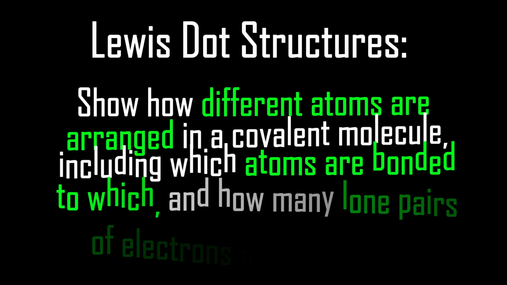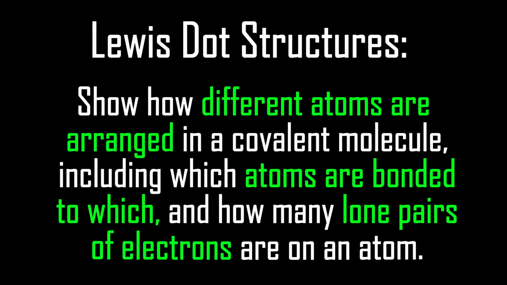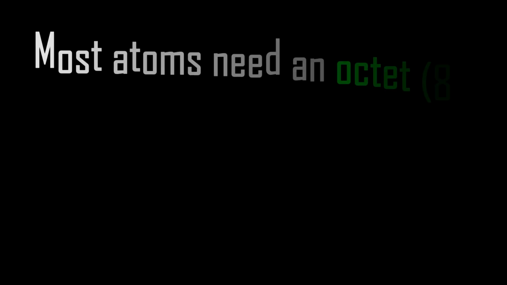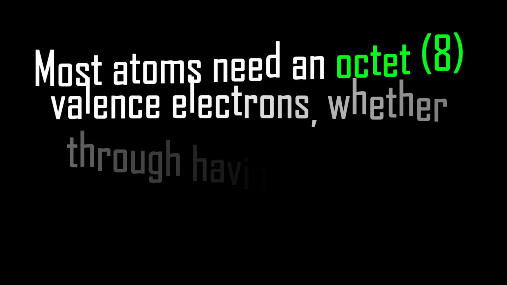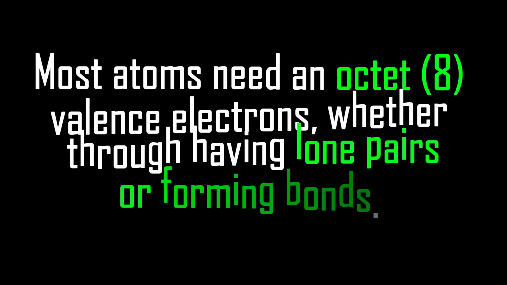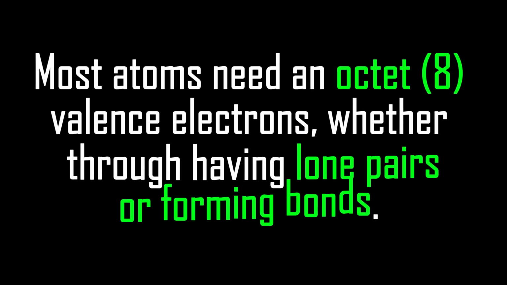Another skill that you're going to need to learn is how to draw Lewis dot structures. These structures show how different atoms are arranged in a covalent molecule, including which atoms are bonded to which, and how many lone pairs of electrons are on an atom. But before we can go over drawing Lewis structures, we first need to go over some principles of covalent bonds. Most atoms in covalent molecules need to get an octet of 8 valence electrons, with some exceptions that we'll go over later.